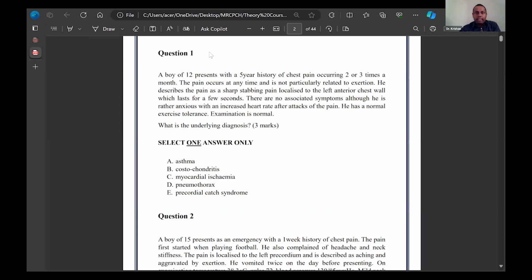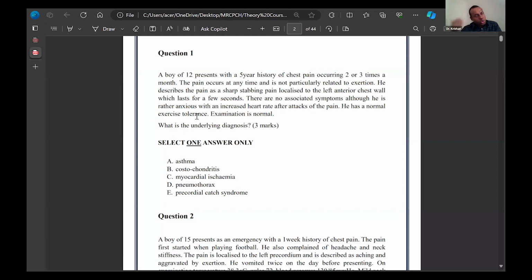Also, if it is asthma, the child usually has some other clinical features. They might say there is exercise intolerance, seasonal variation, right? So nothing such is mentioned. And here it says examination is normal, normal exercise tolerance.